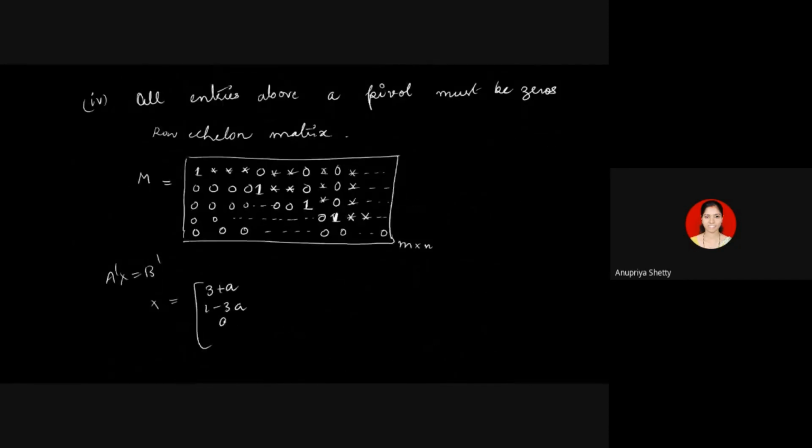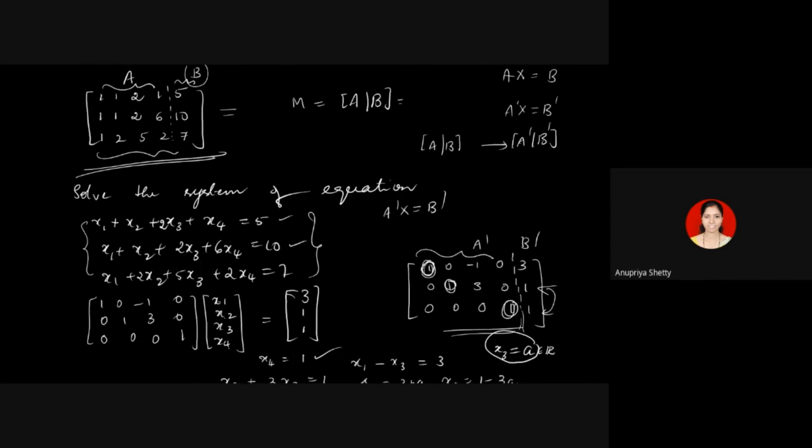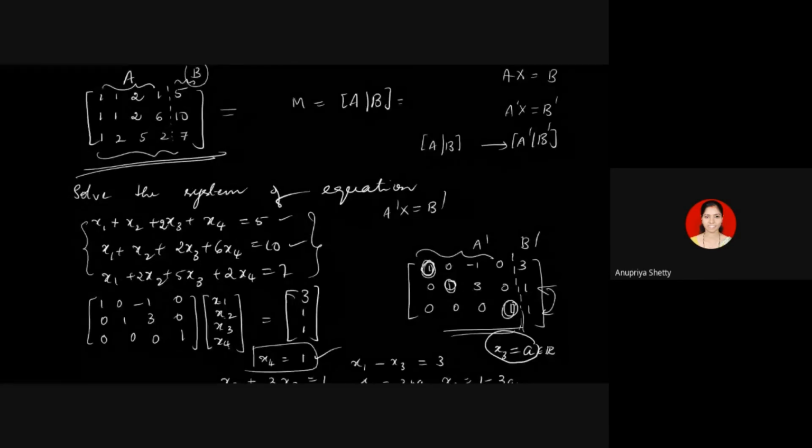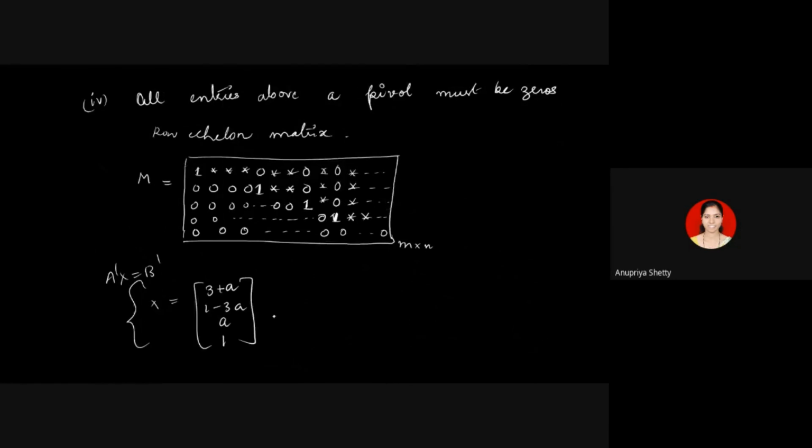To x3 you had given an arbitrary value a, and x4 came out to be 1, if I'm not wrong. Yes, x4 was 1 here. So this gives you the set of all solutions. Here a is arbitrary. You give a value to a, you get one solution. You give another value to a, you get another solution. So you get infinitely many solutions for A' x equal to B'.